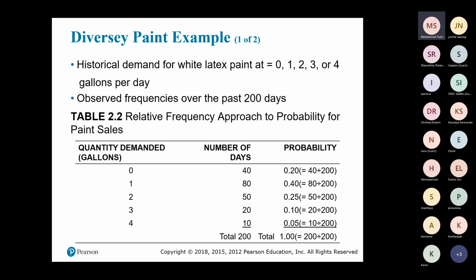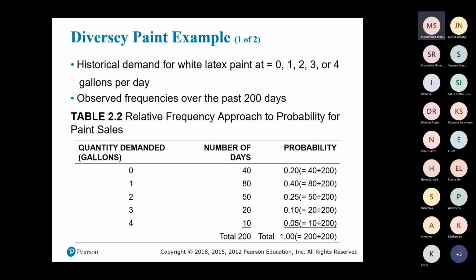For example, on day one you sell 2 gallons of paint, and then on the second day you sell 1 gallon of paint. And then on the third day you sell 0. You didn't sell anything; no one wants to buy the paint.